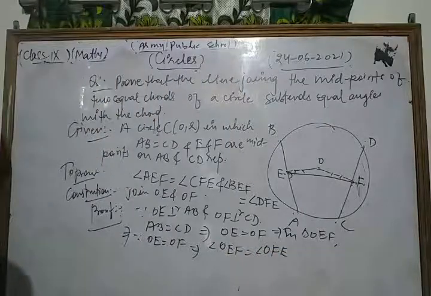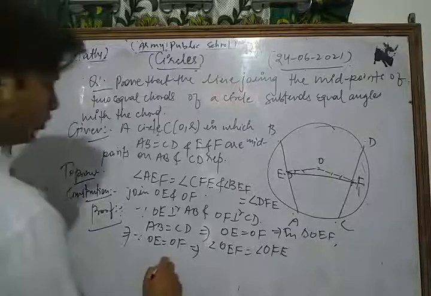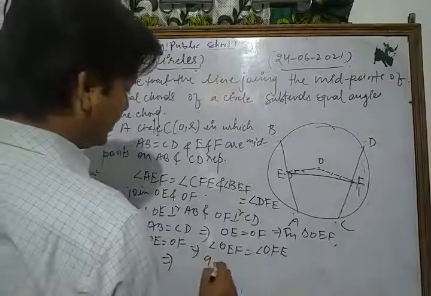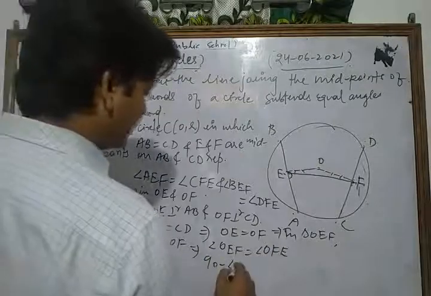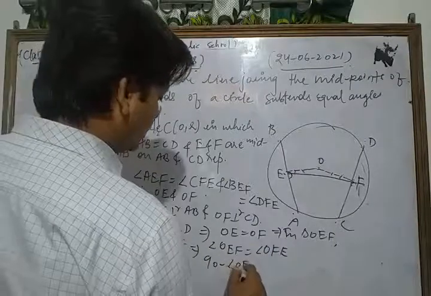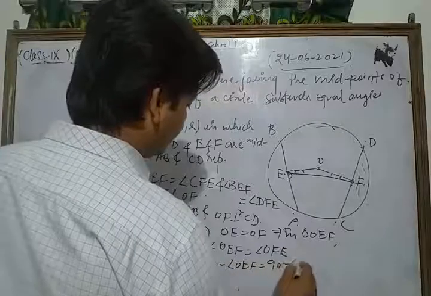Okay, now we write, subtract both sides from 90: 90 minus angle OEF is equal to 90 minus angle OFE.